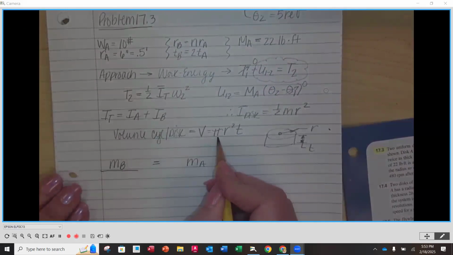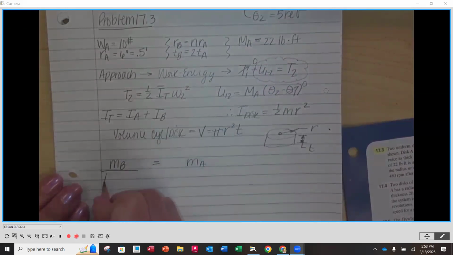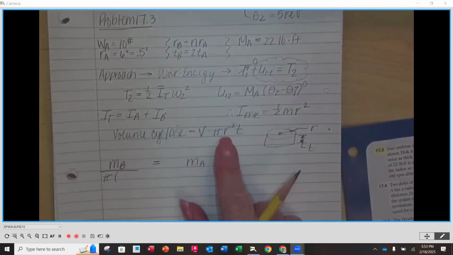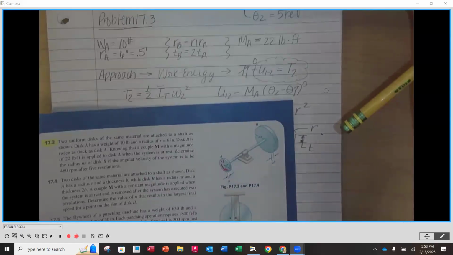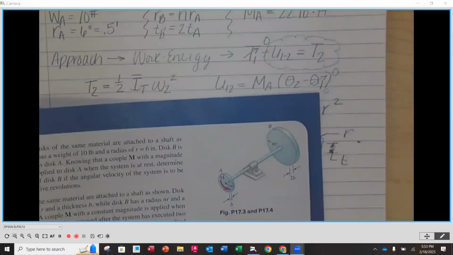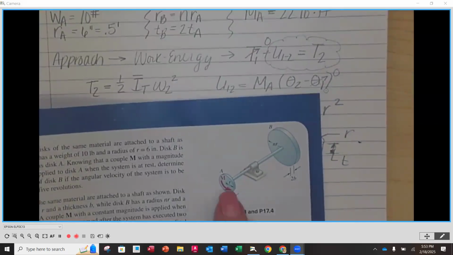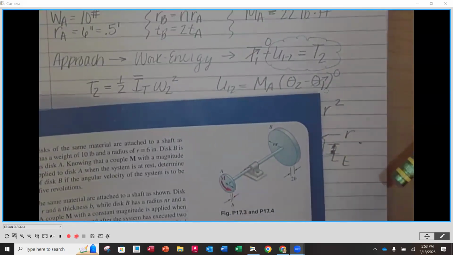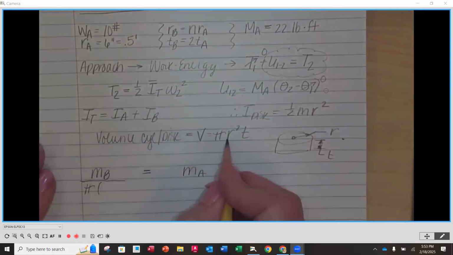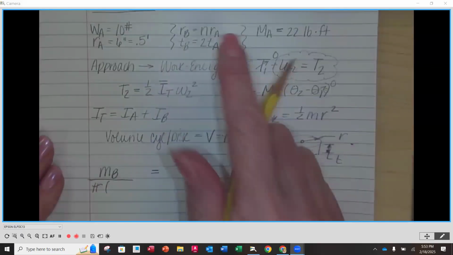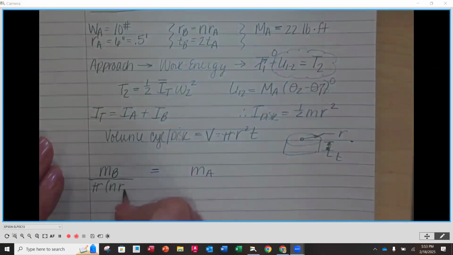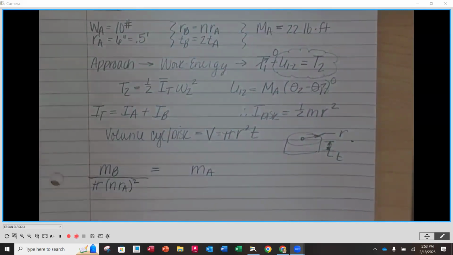So using this equation for the volume of B, I'm going to say pi times, now my radius for B is n times the radius at A. Okay, they didn't use RA, but I want to use RA to be clear that that's where it goes back to. So this is going to be the radius of B, if you would, and we know that the radius of B is equal to n times radius of A. So n times radius of A, and we're going to square that value, okay?